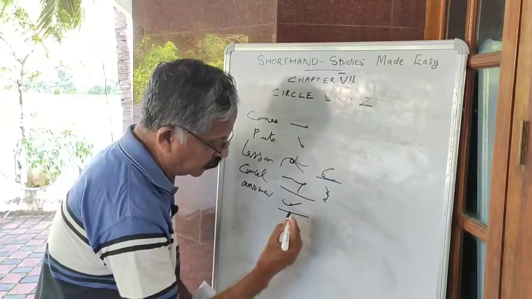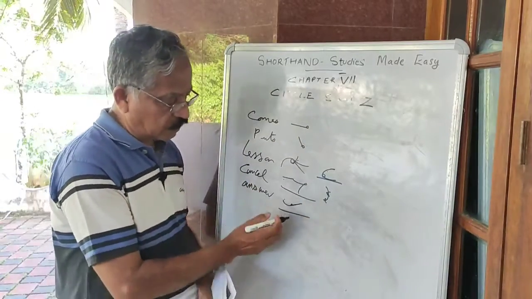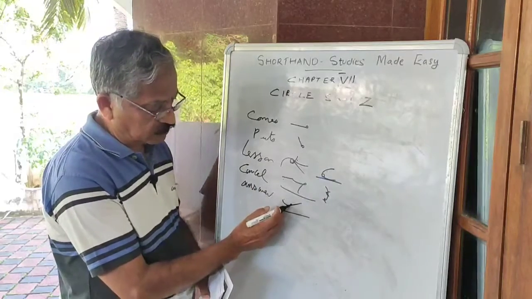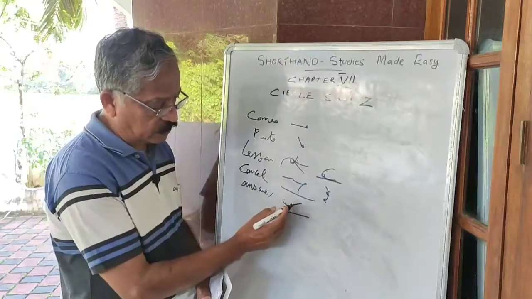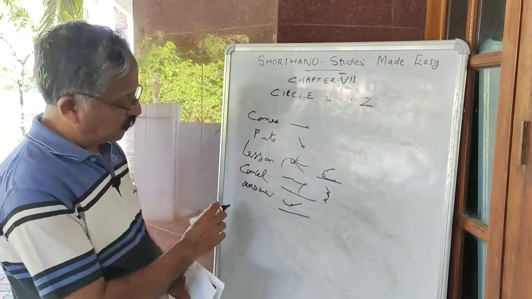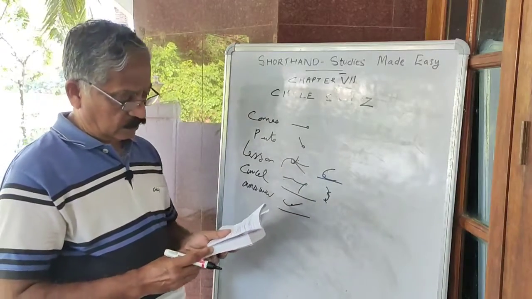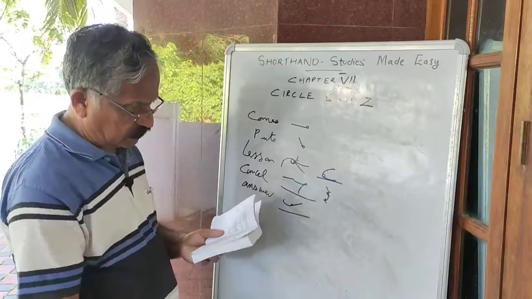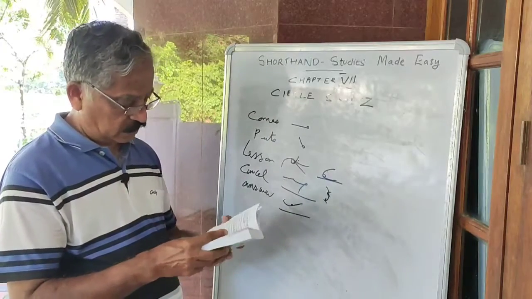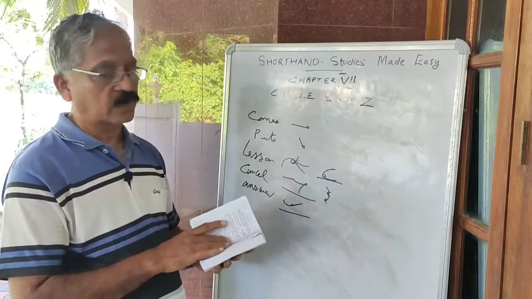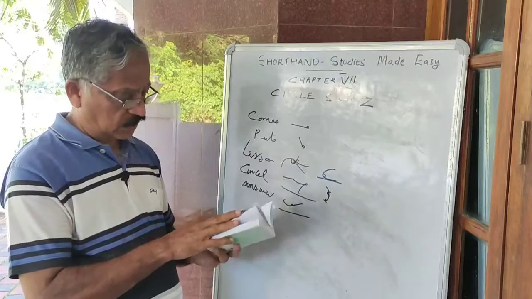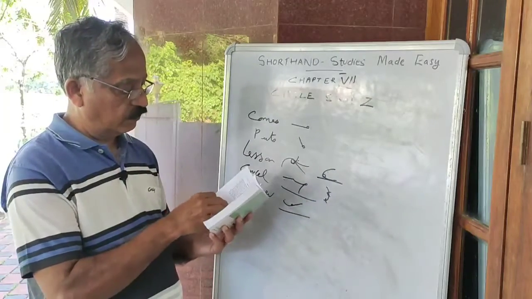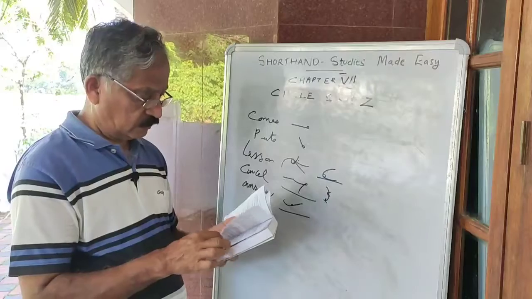Answer, above the line. For this S sound, for the X sound, a small circle is inserted in between the two stop consonants. So like this we write. This is called phraseography. Phraseography is a good chapter. This makes shorthand easier than writing the full forms of S and Z.